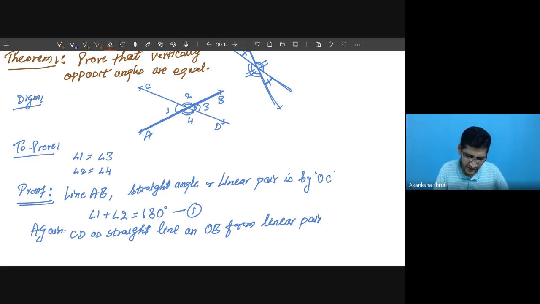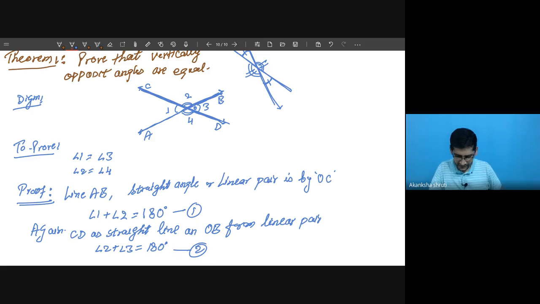I have considered this line, then I have considered this line OB over this CD. Are you getting now? It means in this case angle 2 plus angle 3 is equal to 180 degree.